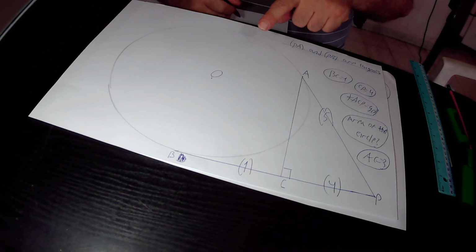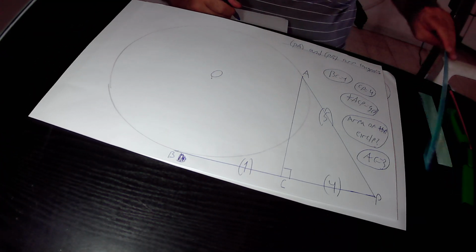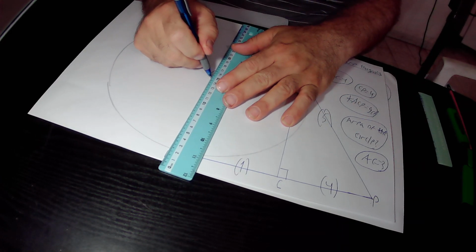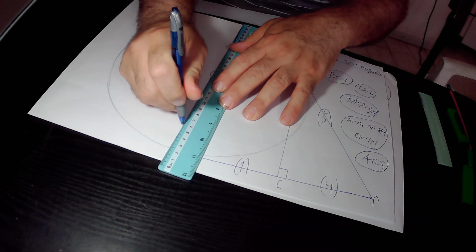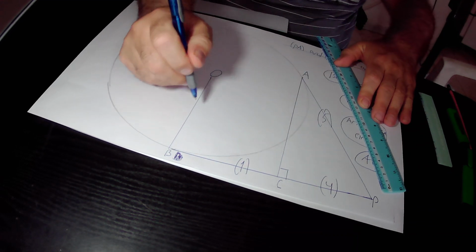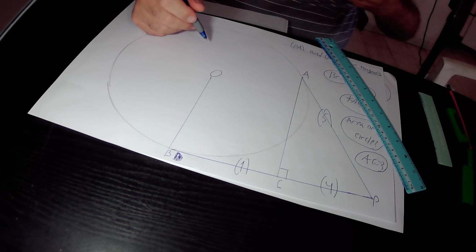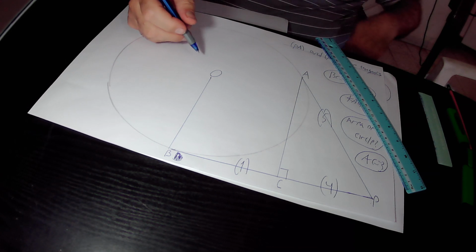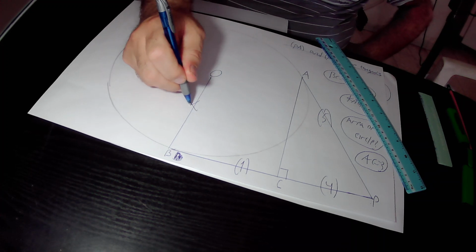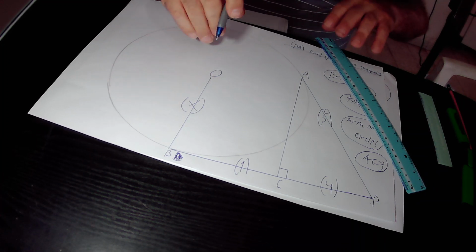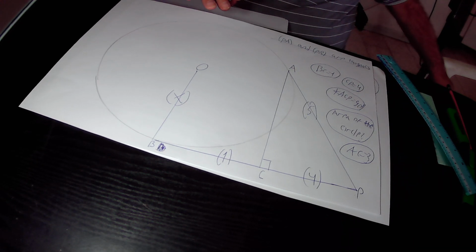In the next step, we will join points O and B together by a straight line. Point O is the center of the circle, point B is a point on the circle itself, therefore OB is the radius of this circle, that is equal to x according to our definition. So here we can implement rule 1. I'll repeat quickly rule 1.